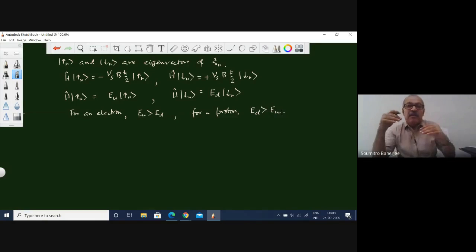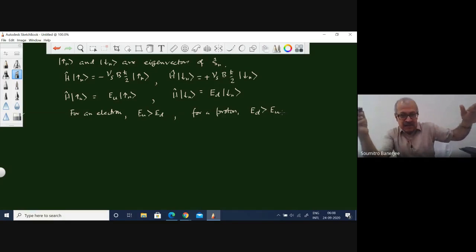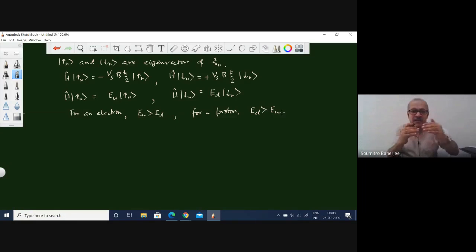So you see, the spin actually creates two energy levels additionally. Earlier, we have seen various energy levels, but if the particle has spin, it will have additionally two energy levels. So basically, the energy levels will split. And there is also another advantage of having this. What is the difference between the two energies?